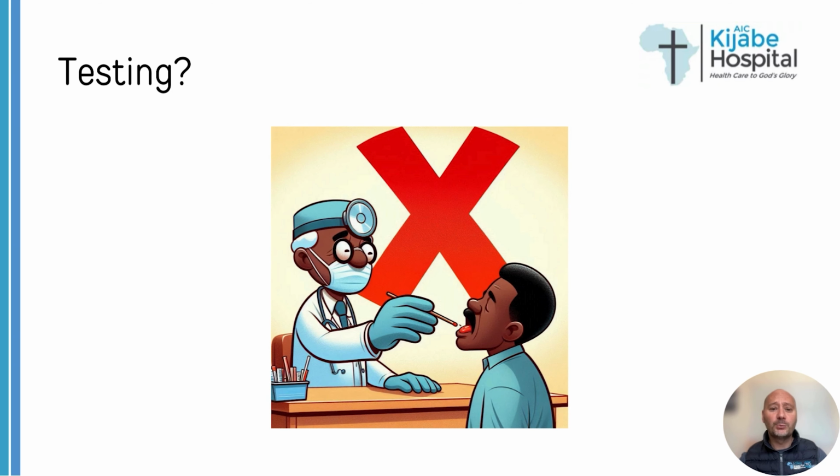Well, of course, one option would be to test every single patient that came into us, swab their throats and detect it. But actually, that's not realistic for most of us, and we don't have the resources to be able to do that. So what can we do instead?